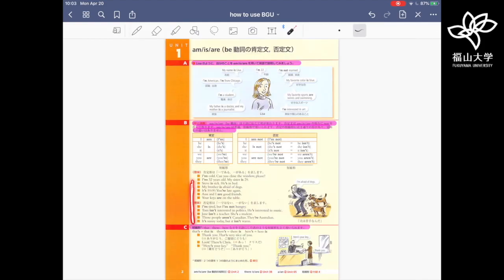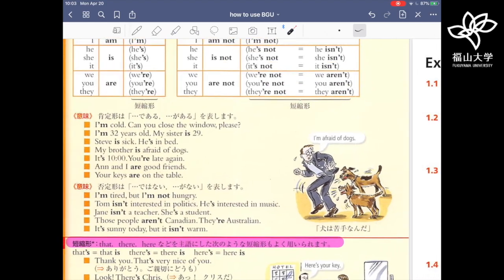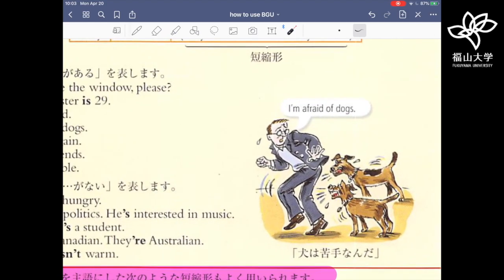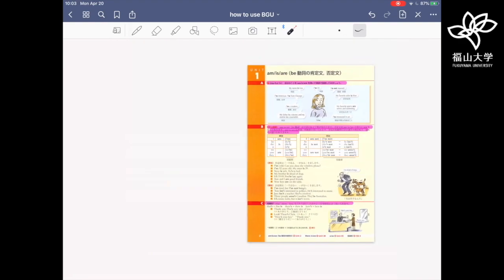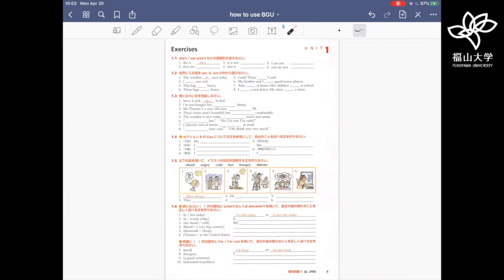Read the example sentences. Example sentences are very important. Sometimes they give you a picture. I'm afraid of dogs. Very scary. And then do the exercises.